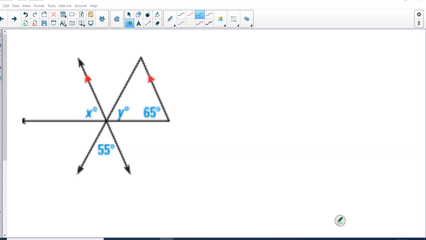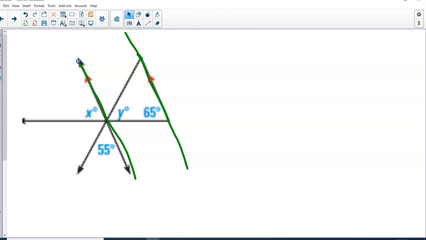Okay, in this image, it doesn't look like those other parallel lines and transversals that we've dealt with, with things numbered for us and such. But we do see we have two parallel lines. And if we imagine them extending on, we can also see that we have two lines that intersect those parallel lines.